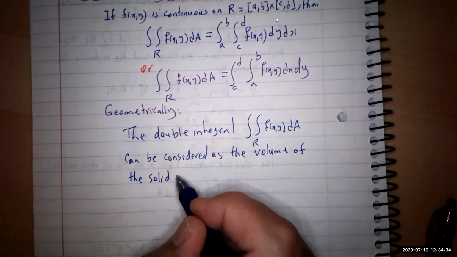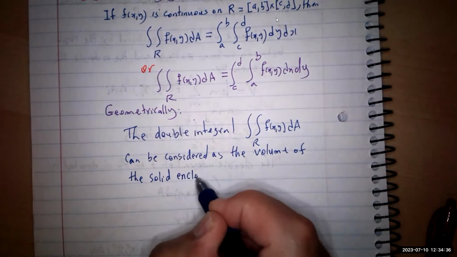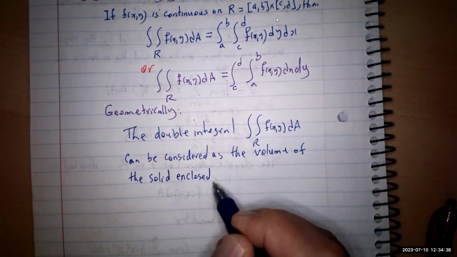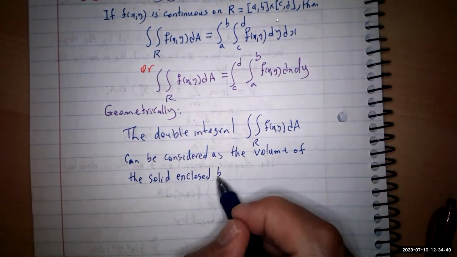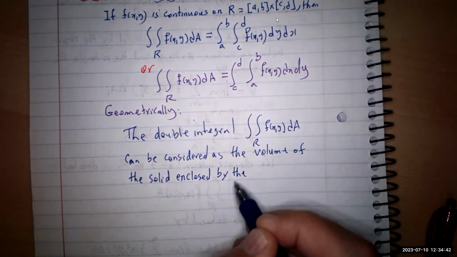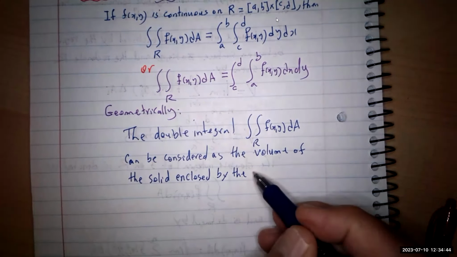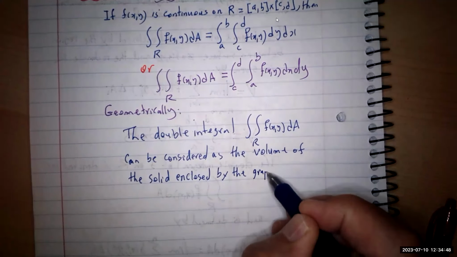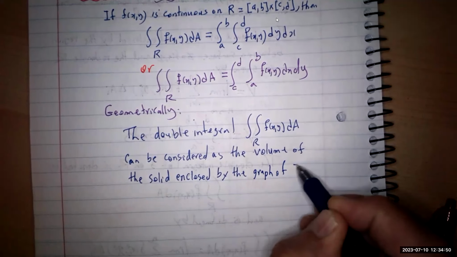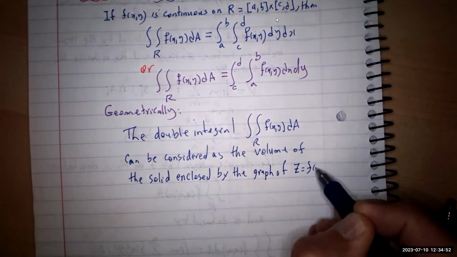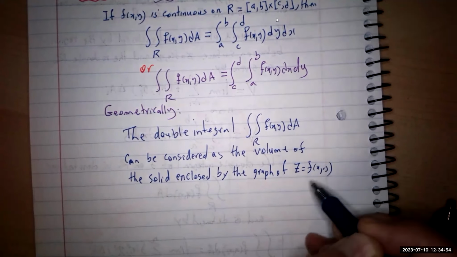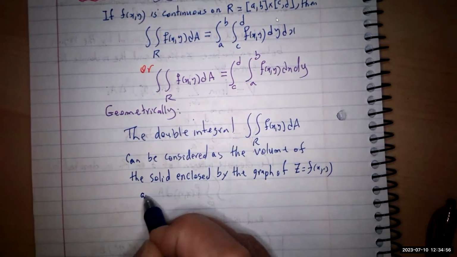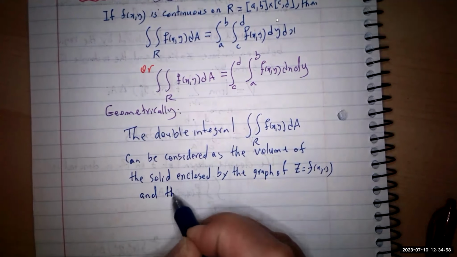The solid, as you saw it, is closed by the surface on the top, the graph of z equal to f of x, y, and the rectangle down at the bottom.